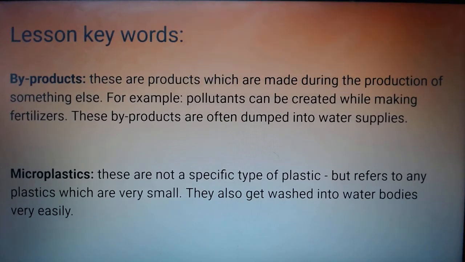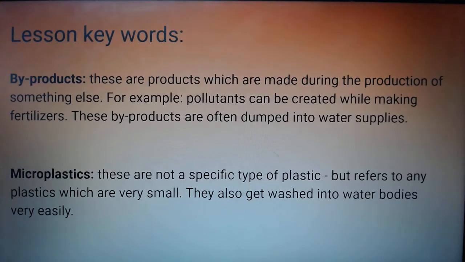Two little key words, byproducts and microplastics. Byproducts is an old word. Microplastics is a bit of a newer idea, and it's a pretty serious one that we're discovering more and more about. A byproduct is a product made during the production of something else. If you're making something and during that process you produce a waste or something else, that's a byproduct.